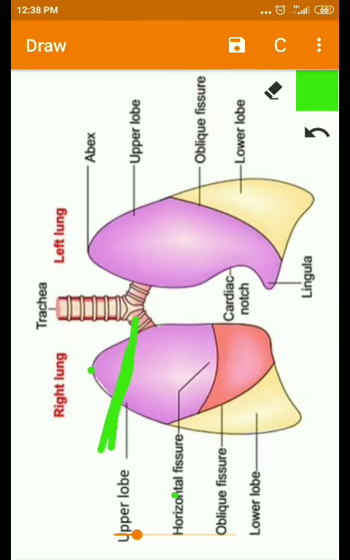So in front it is related to the subclavian artery and the scalenus anterior in front of the artery, and posteriorly it is related to the first intercostal nerve, and also to the seventh cervical and first thoracic sympathetic ganglion.